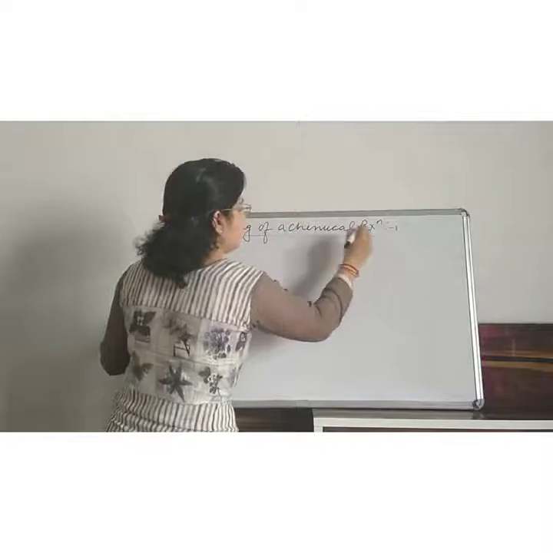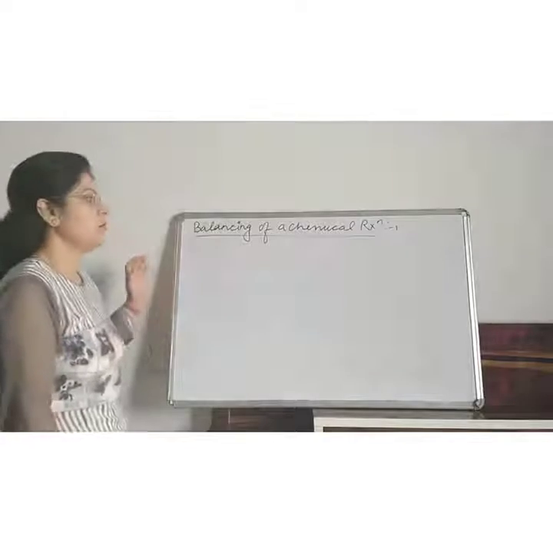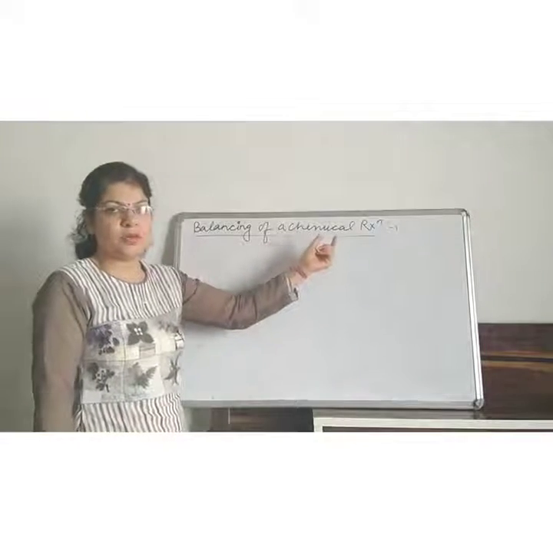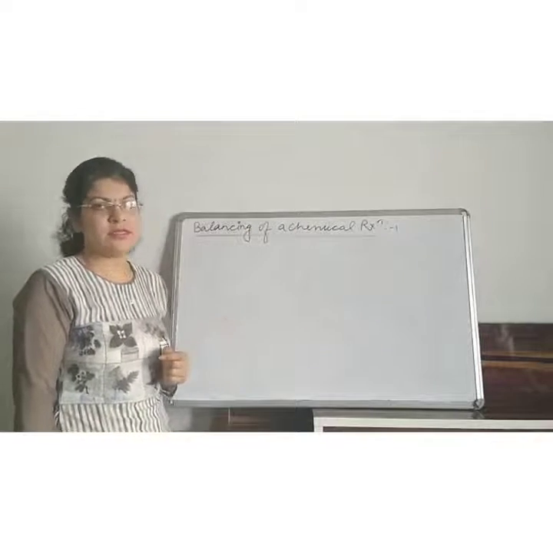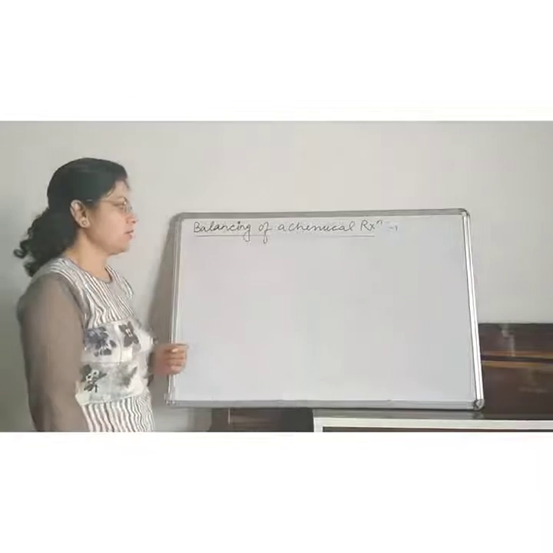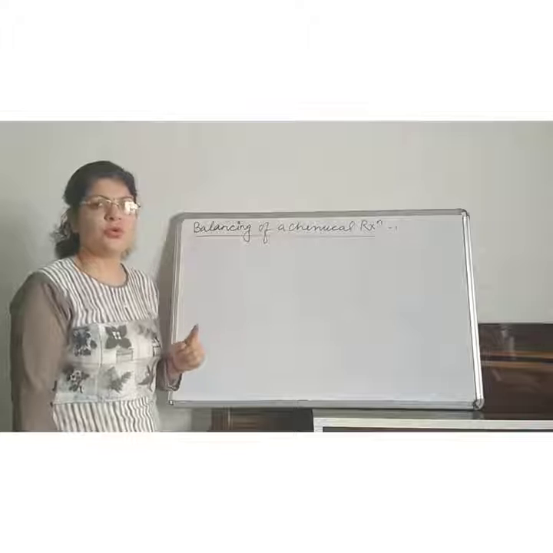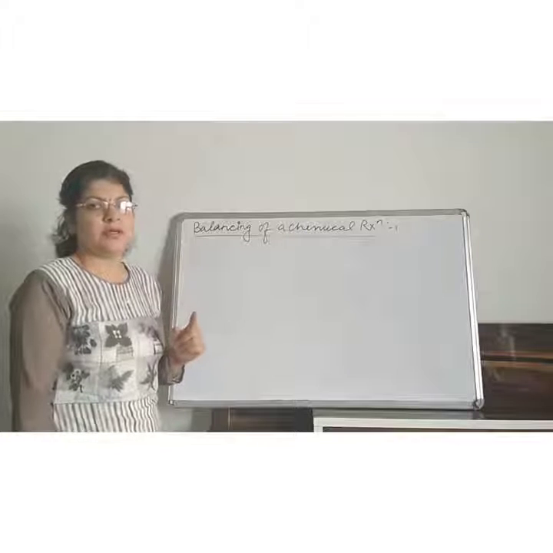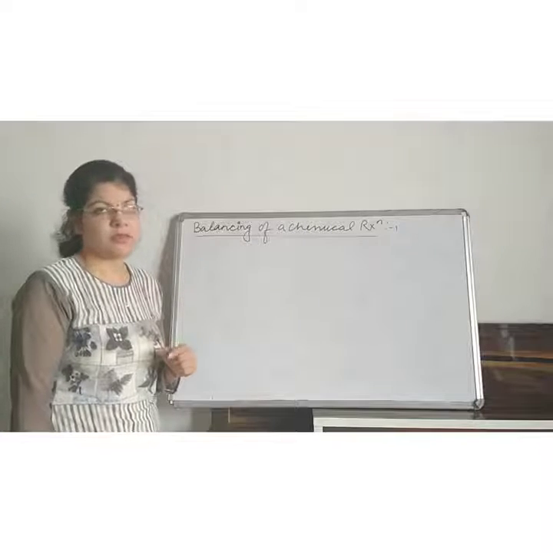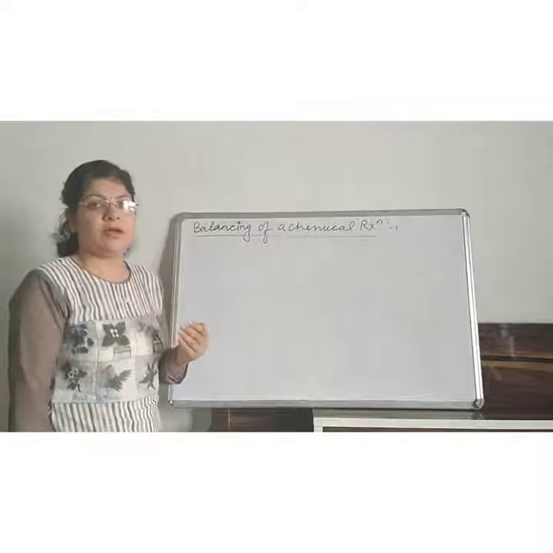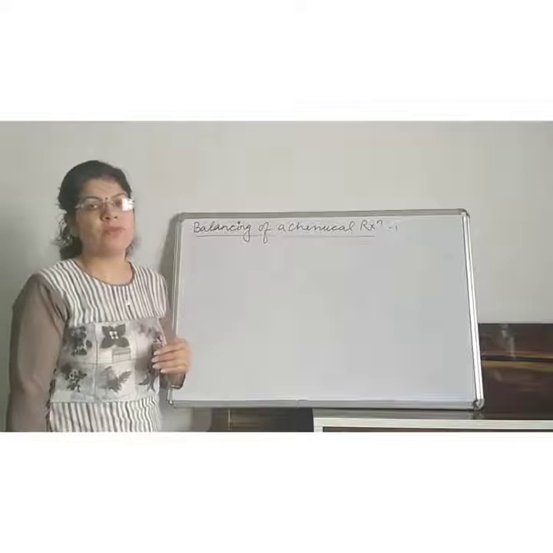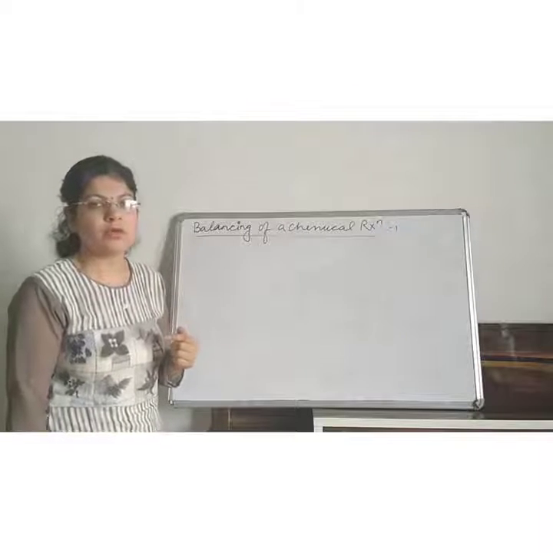As we know, for a reaction to be a chemical equation, there are three necessary conditions. The first condition is it should be represented in the form of symbols, or in the form of chemical formulas.